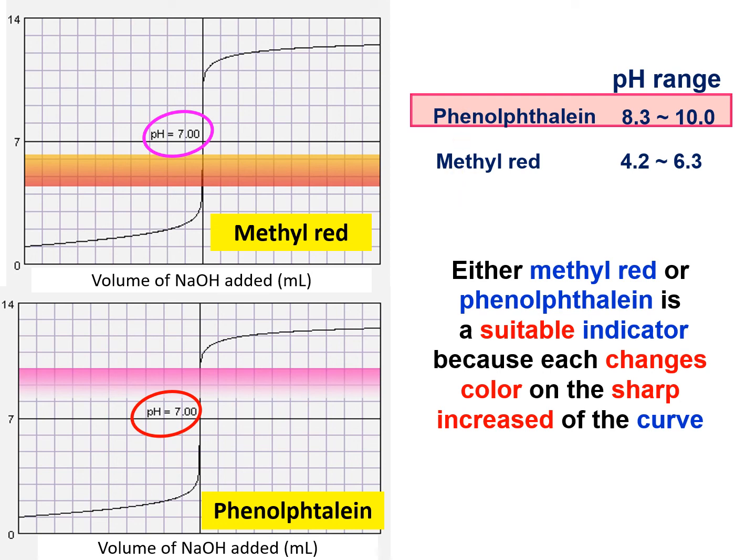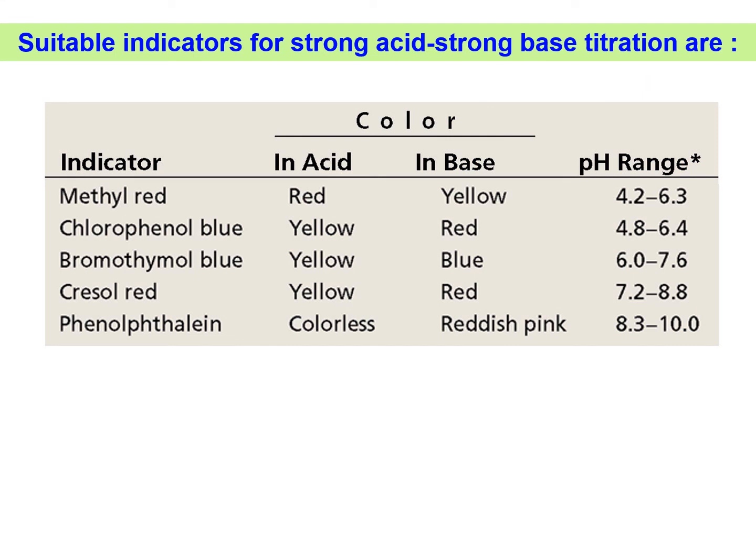So let's look at different indicators. The equivalence point is pH 7. Now, suitable indicators for strong acid and strong base. These are all suitable indicators. These are the colours of the indicator in acid and also in base.